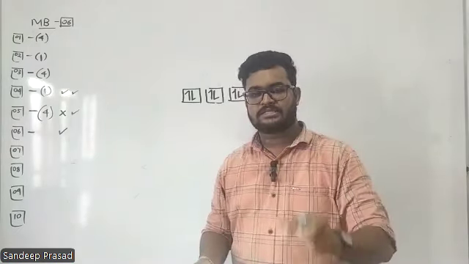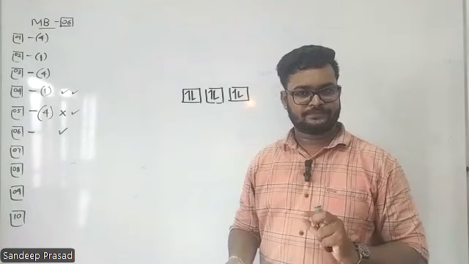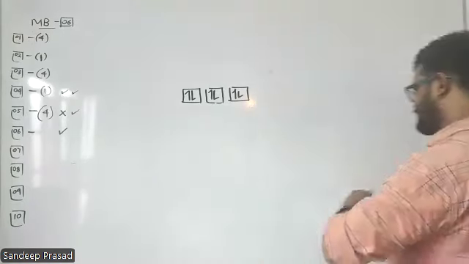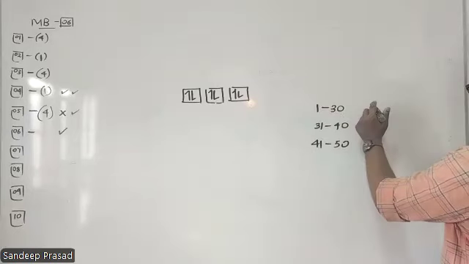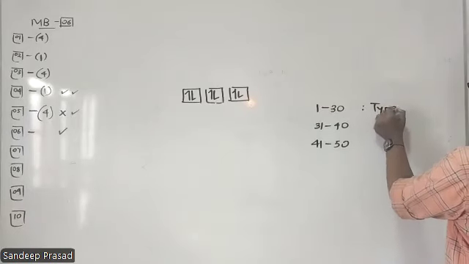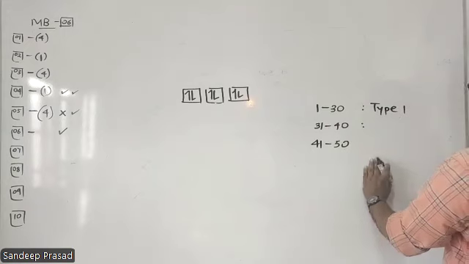Hereafter, in each and every memory booster paper, you will have these kinds of questions. From next week onwards, my plan is this: our A-level examination paper has questions 1 to 30, 31 to 40, 41 to 50. There are different types of questions. Here, this is type 1, where 5 answers are given.